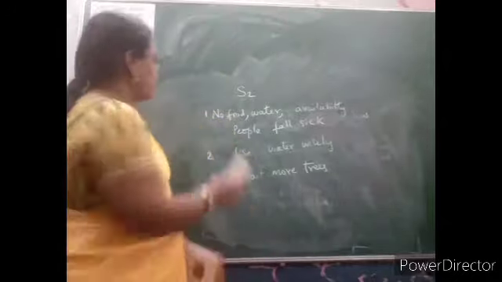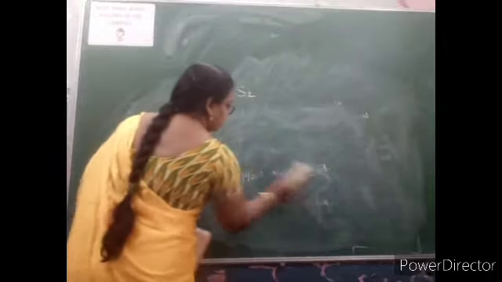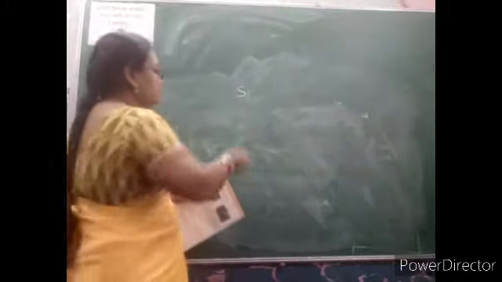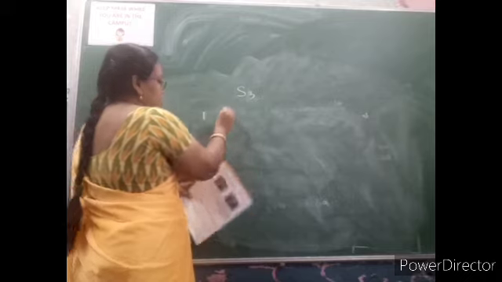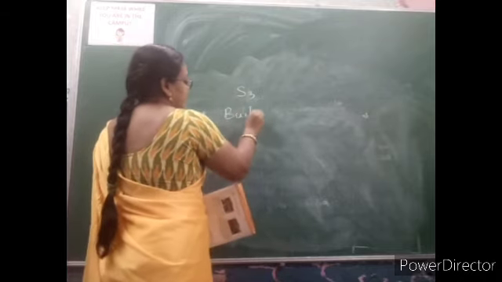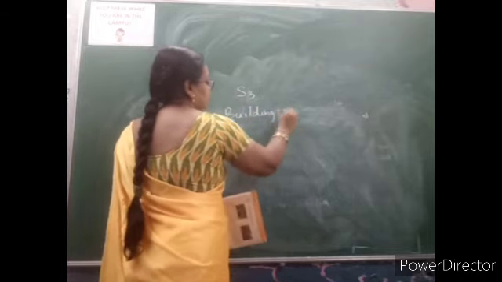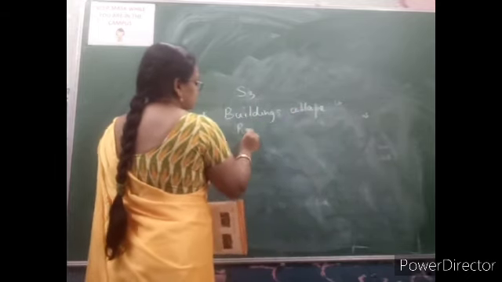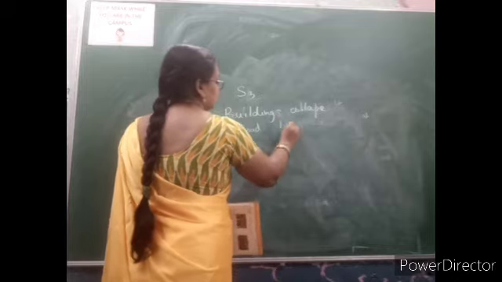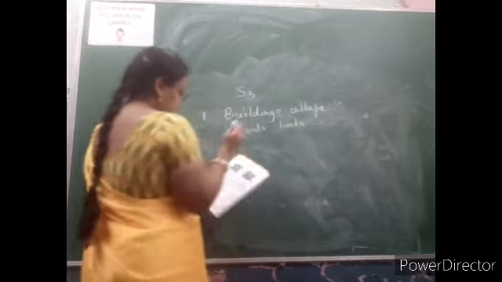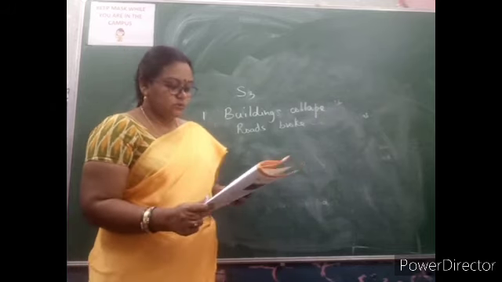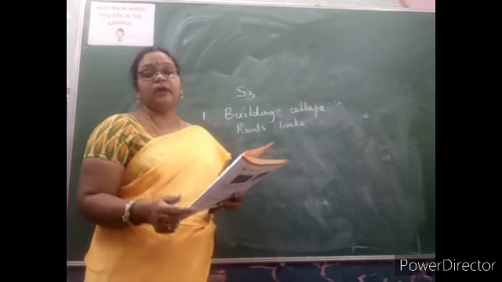In an easy way you can answer, because by now you have acquired more details about natural disasters. Buildings collapse, roads broke. So, two effects.